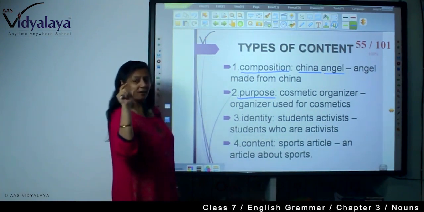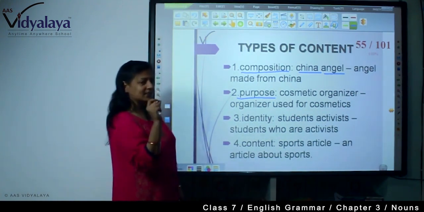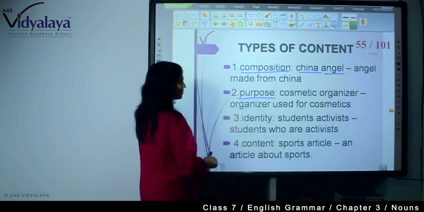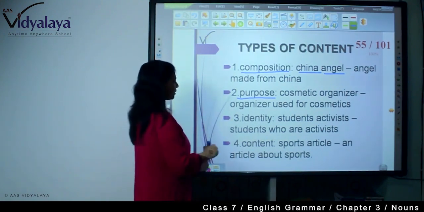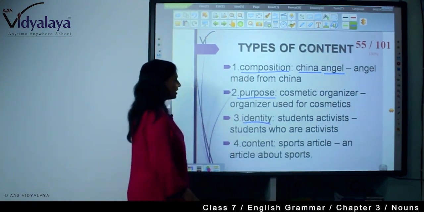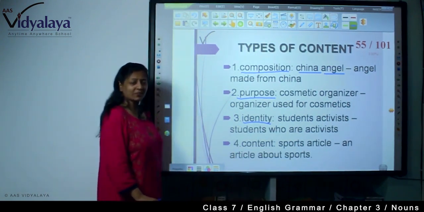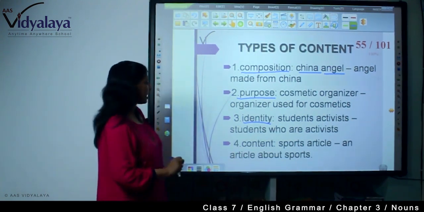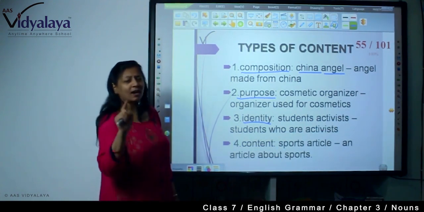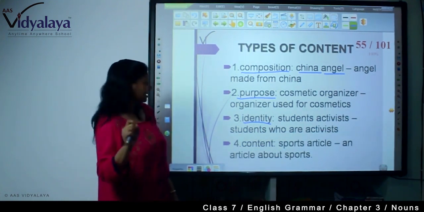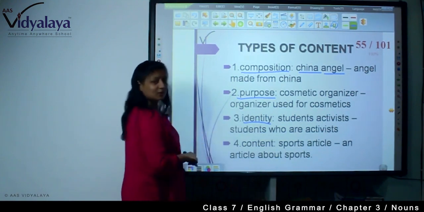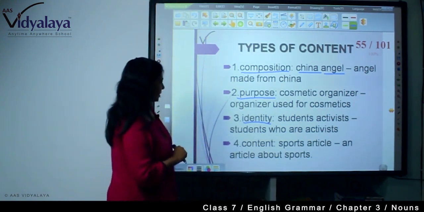But you must have the sense clear. This is for the purpose we are using attributive nouns. Now for identity. Students activist. Not all activists, students activists. Students who are activists. Right? So for identity also we use attributive nouns.